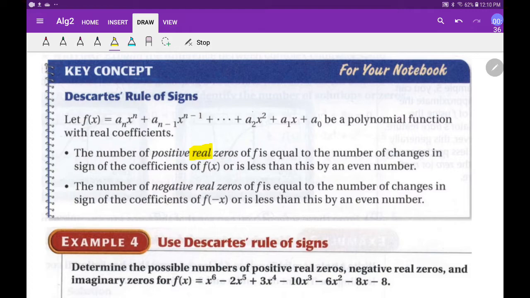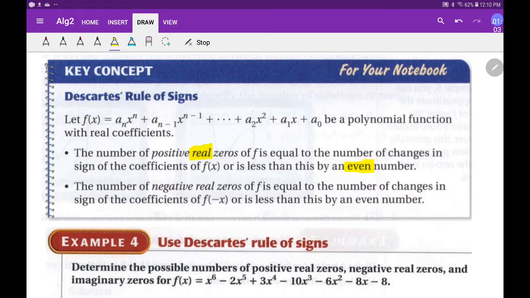If some of the zeros are not real, then they're going to get a buddy to come with them. Like if I have 2i, like I had on the last problem, 2i is going to go with negative 2i. They're both going to be there. So if it doesn't work out for the possibilities, it's going to go down by even numbers.